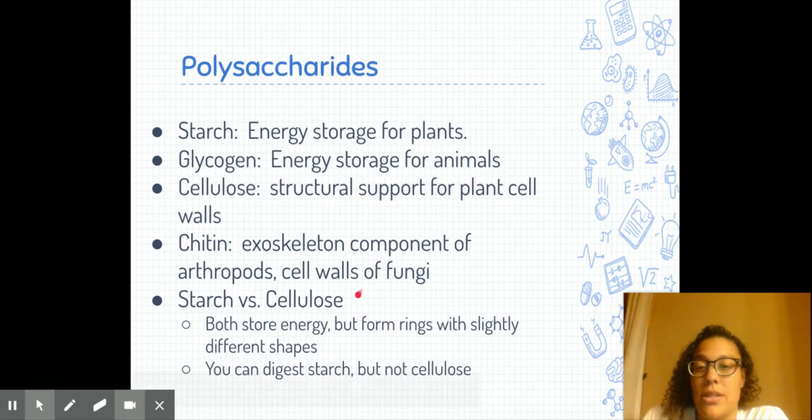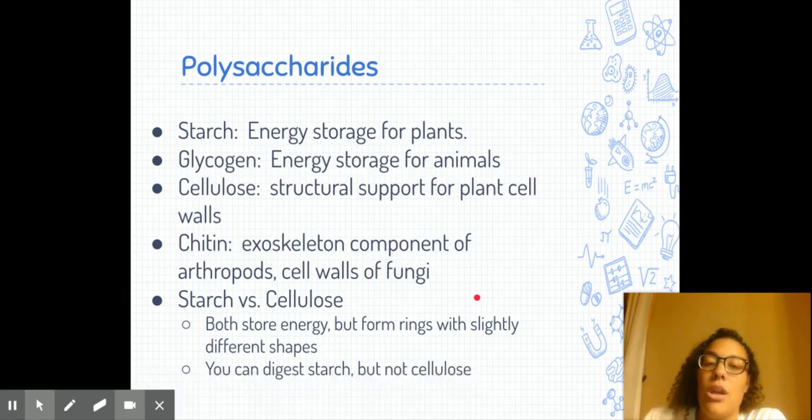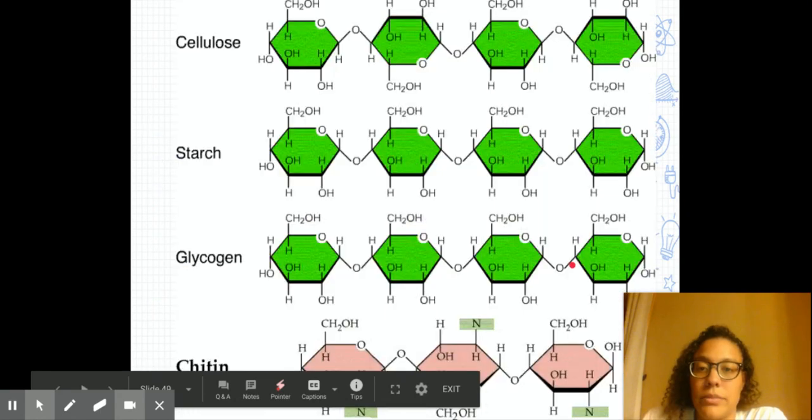The difference between starch and cellulose, again, they're both storing energy. The rings look similar, but there are some slight differences in there. And for us, hopefully you are aware of this, we can digest starch, but we can't digest cellulose. So there are some different components there.